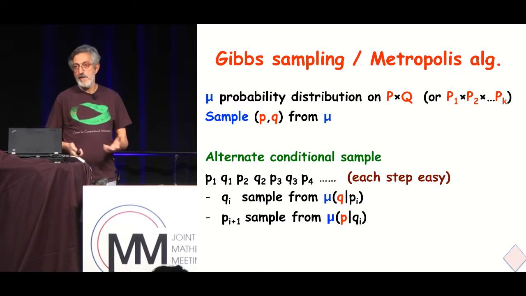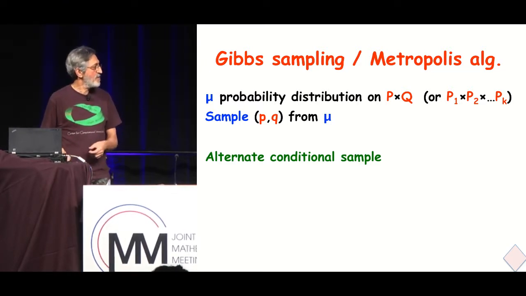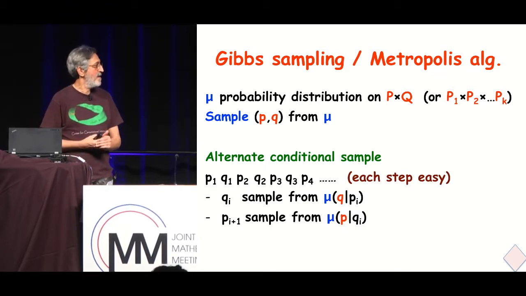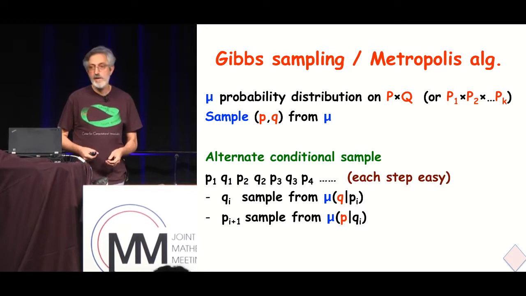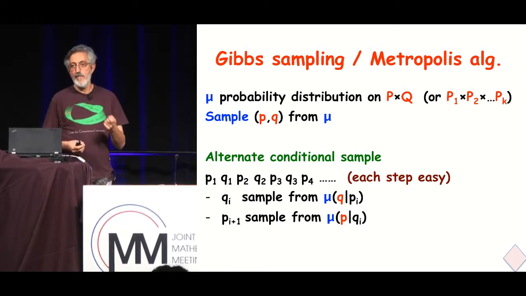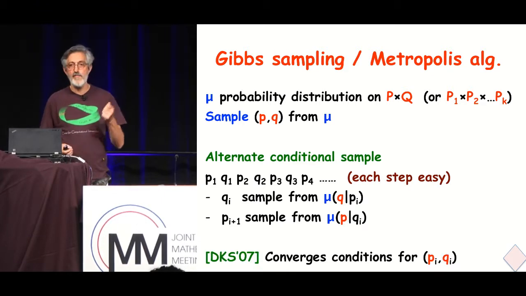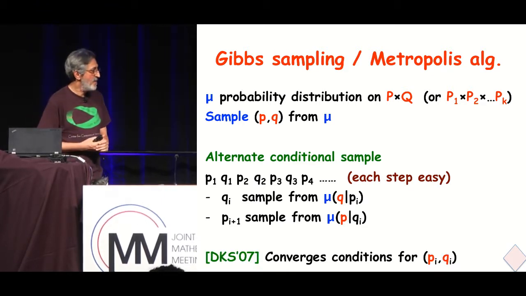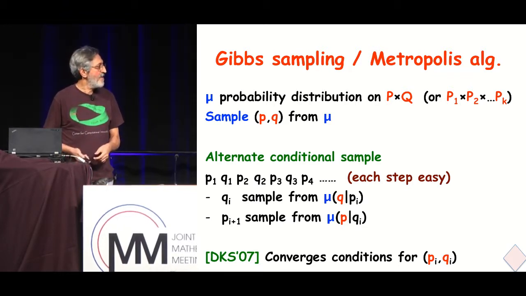And sampling from it may be difficult. And again, you do the same thing we talked about before. Here it is more or less alternate, not projection, but conditional sampling. You just repeatedly sample one of the coordinates according to the conditional distribution given the other ones. And you repeatedly do this, and that's an alternate minimization type algorithm.